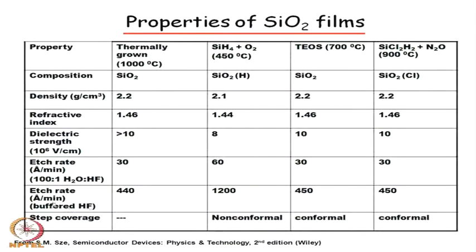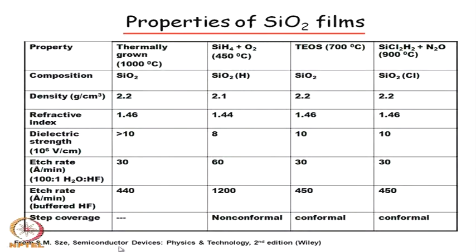So, if you use a buffered HF, then it is say 450 angstrom per minute or 440 angstrom per minute, but if you use only a solution of HF, then it will be faster and the control will be lost.